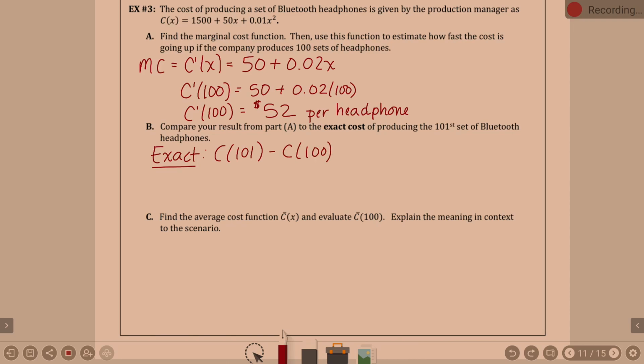The cost of 101 minus the cost of 100. And this is going to provide us the cost of the 101st set. Is this a calculator problem at this point? Can't be. I don't have any work written down for it in my notes, so I'm going with it was probably a calculator problem. I just have something minus something here for my answer.